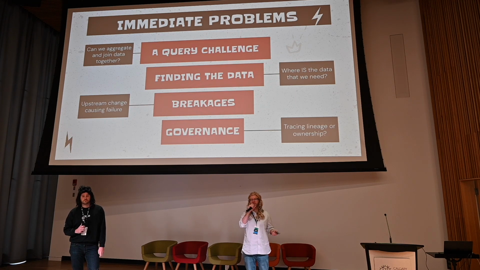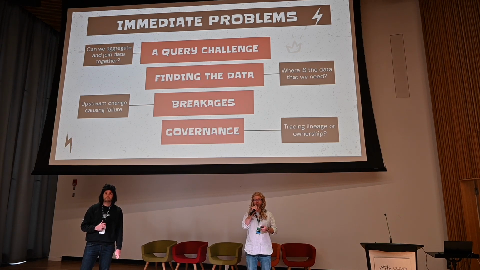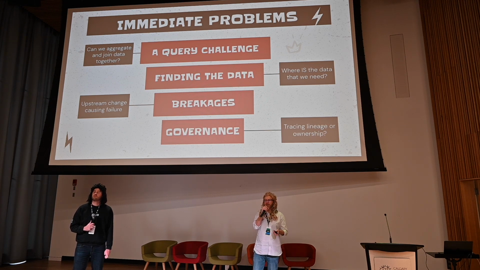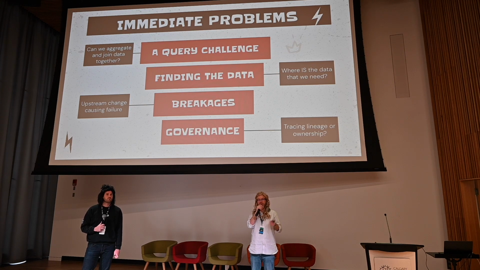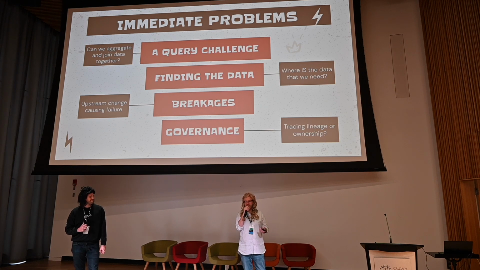And then how do we even find the data we need? I know a few people have talked about that here at the conference. But with 200 microservices, which one is producing the data that answers the question you want to pose? And sometimes the answer is none of them. You need to combine data sets.